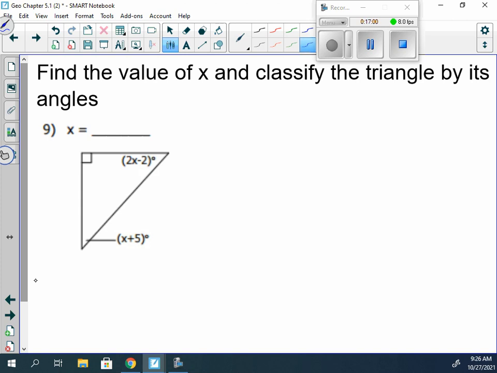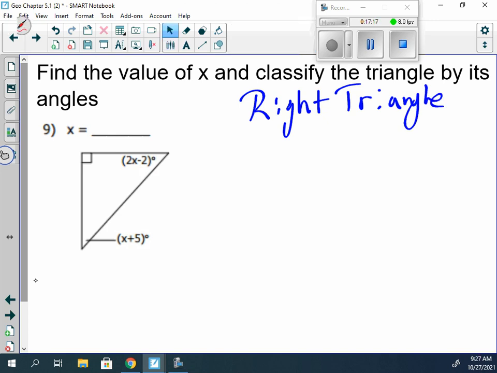So this here, it is a right triangle. Wait a minute, classify the triangle by its angles. It would be a right triangle because it has a right angle.